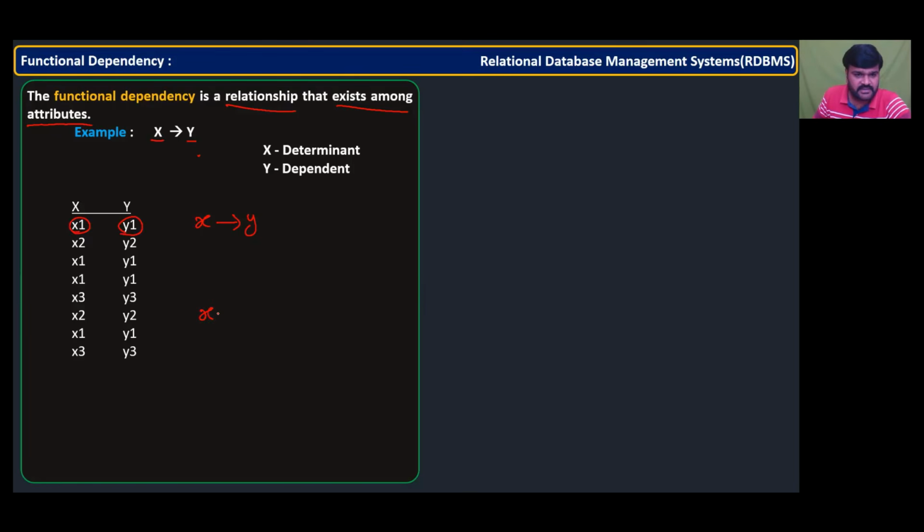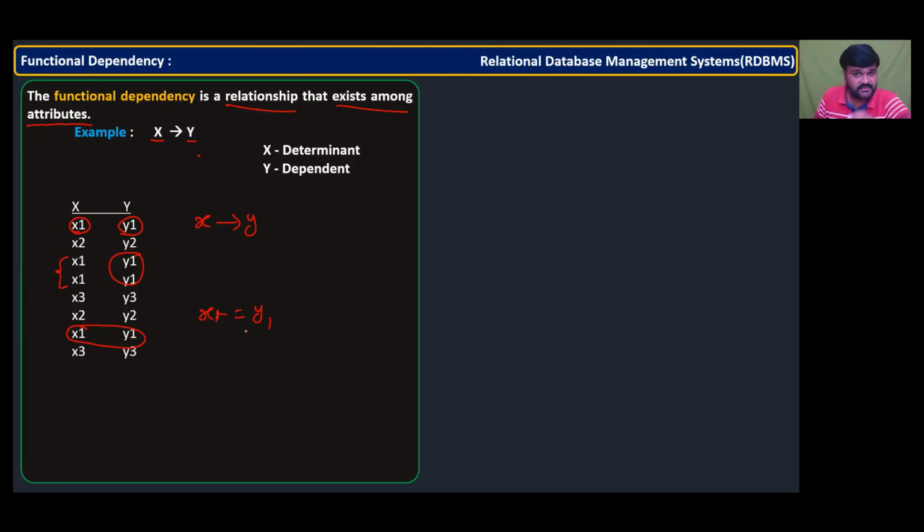If I ask you, for X1, what is the Y value? You will say Y1. Is it every time? Here X1 is there both times, and it is deriving Y1. Here also X1 is there, and that is also deriving Y1.